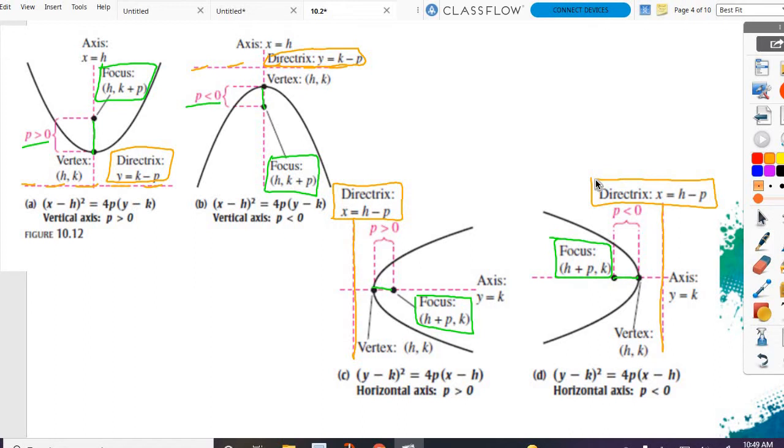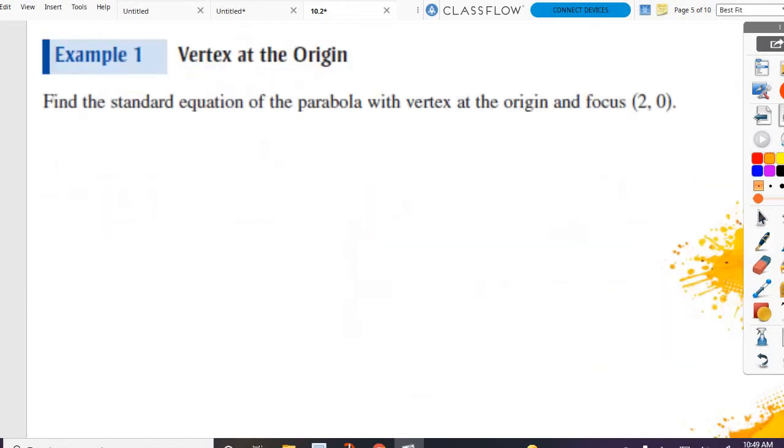It's basically just going to be using these different equations to help us find information or find equations. So this one says, find the standard equation of the parabola with a vertex at the origin and a focus at (2, 0). So what might it be helpful to do?